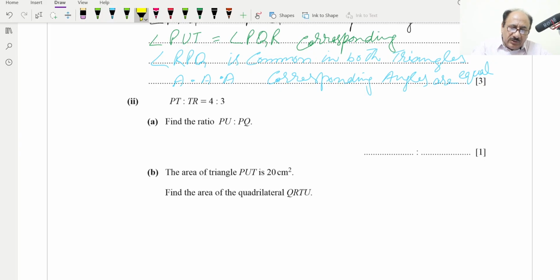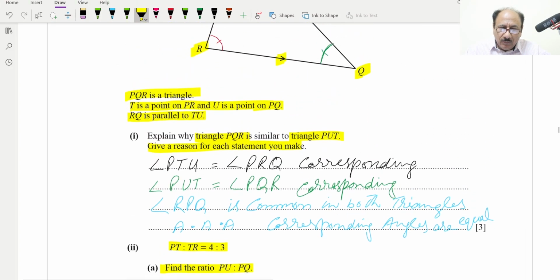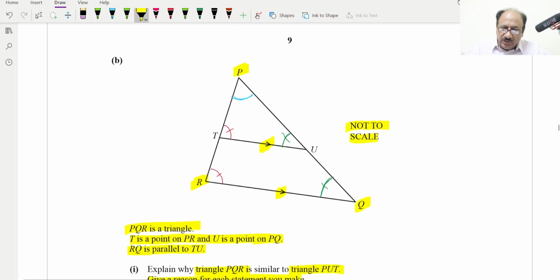And next is part 2: PT to TR is 4 to 3, and find the ratio of PU to PQ. PU is starting from here to this one, and PQ is starting from here to this one.